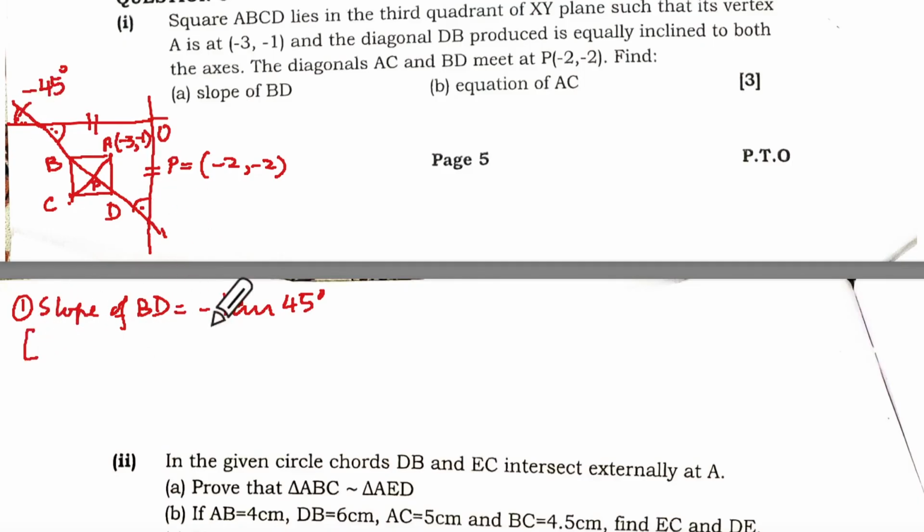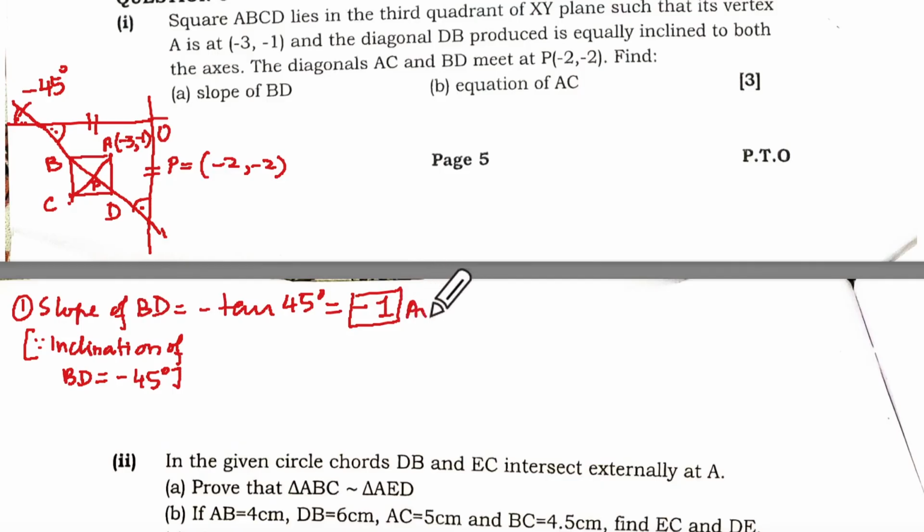If you are not able to understand this, since inclination of BD is equal to minus 45 degrees, therefore slope of BD will be minus tan 45, means minus 1. So this is going to be your answer A. Understood this part? Yes, sir.